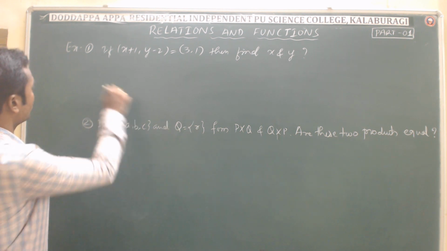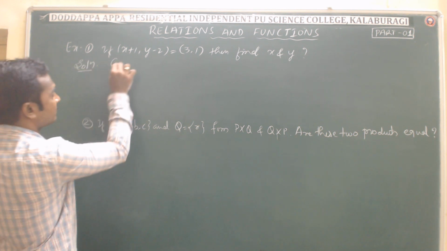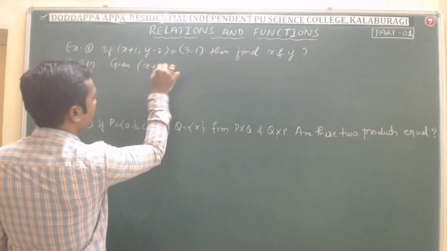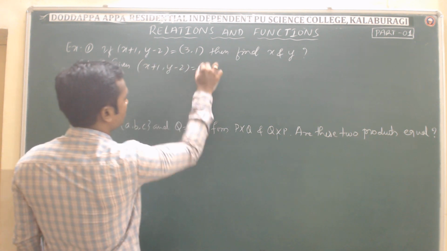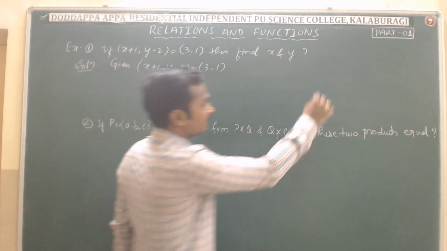So, solution as per the definition. We write the given: (x + 1, y - 2) = (3, 1).